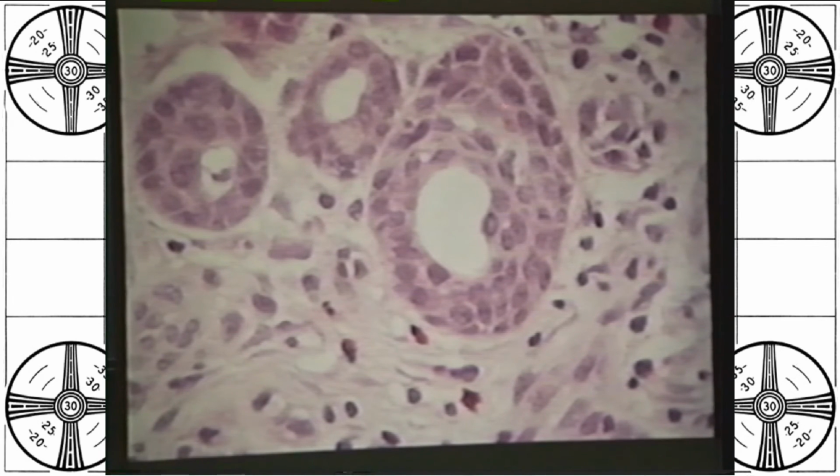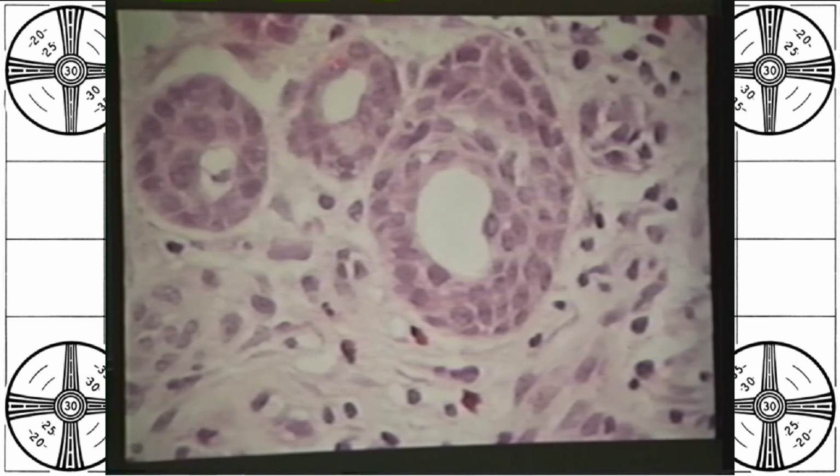So these are benign ducts. Right here you can see the simple columnar cells, but because of the irritation, it's developing squamous metaplasia, which can become quite florid and thus mistaken for 2 things: squamous cell carcinoma or a high-grade mucoepidermoid carcinoma. So got to really be careful of those areas.